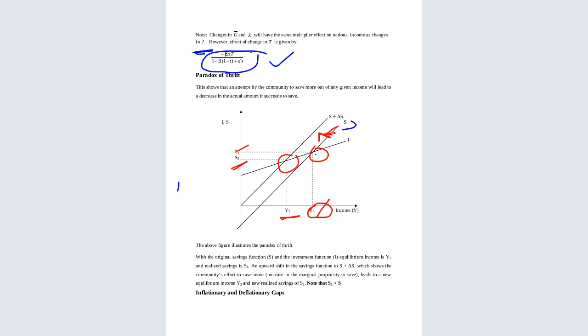S2 is less than S1, and therefore this is what we refer to as the paradox of thrift. The community's attempt to save more actually leads to less realized savings, and I've said that it's because of that paradox of thrift. I hope this one is clear.